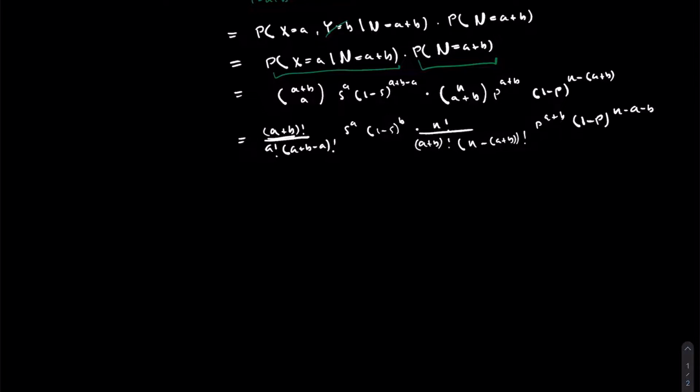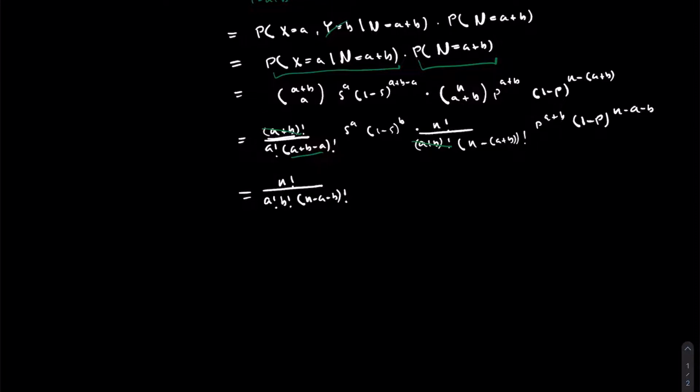Now we're going to see that these two cancel. And let's just collect all the factorial terms. So we have n factorial. What we have left is a factorial, b factorial. The b factorial is coming from what remains in here. And we have the n minus a minus b factorial.